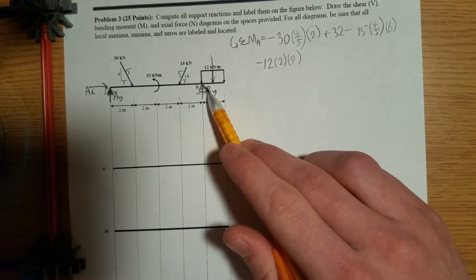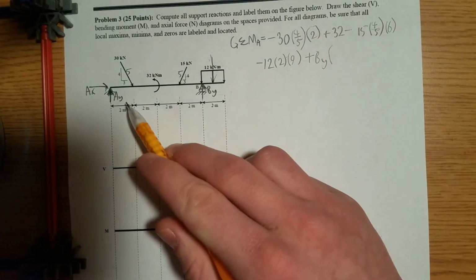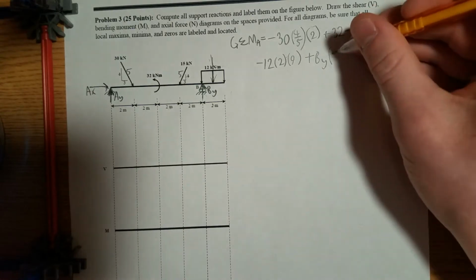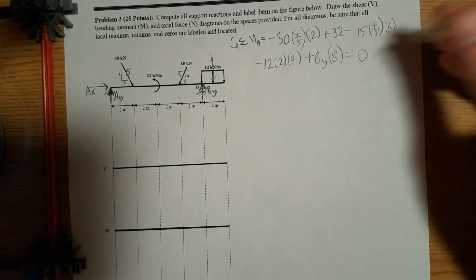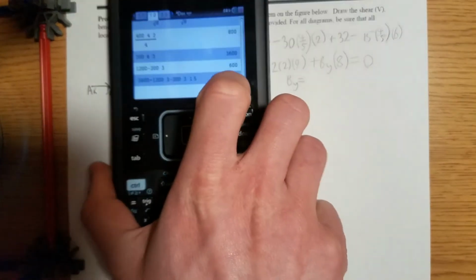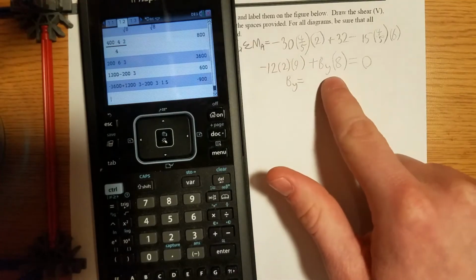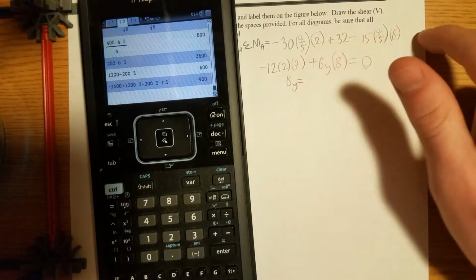Last but not least, we've got BY, which is going to be positive. It's going upward. BY times 2, 4, 6, 8 meters. That's all going to equal 0. So BY, if we calculate this all out, and this time in the calculator, since BY is positive here, we're going to punch these all in with opposite signs of what they are.